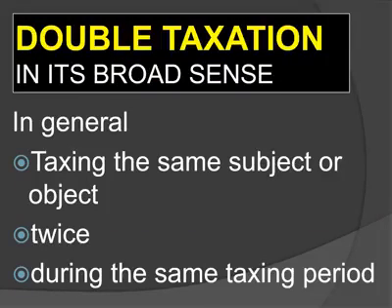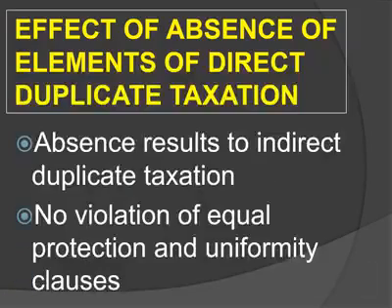So in general, it is taxing the same subject or object twice during the same taxing period. I made mention a while ago that if one of the elements of direct duplicate taxation is absent, then you have indirect duplicate taxation. It does not violate the equal protection and uniformity clauses of the Constitution.